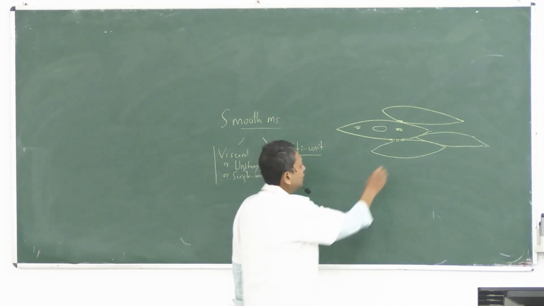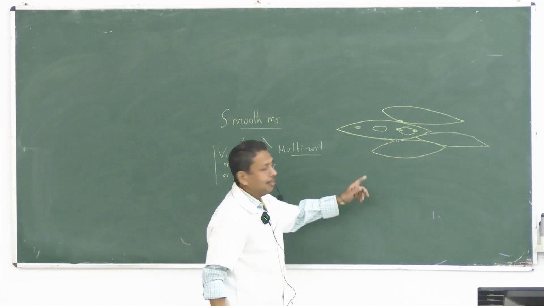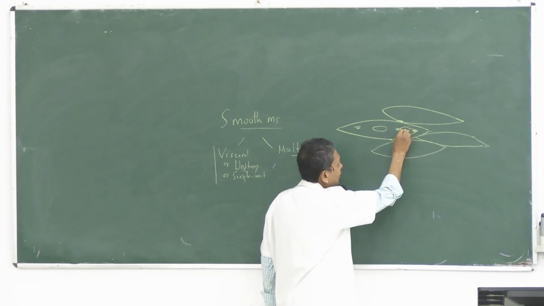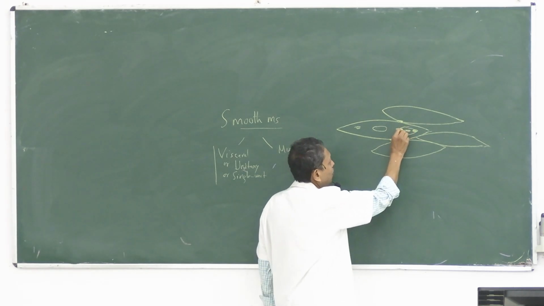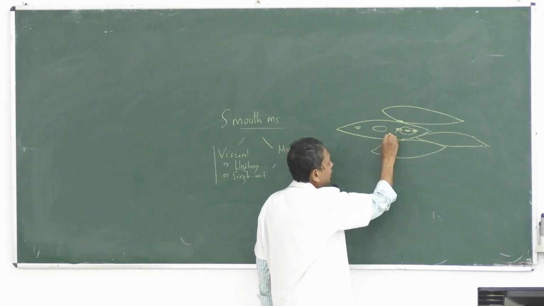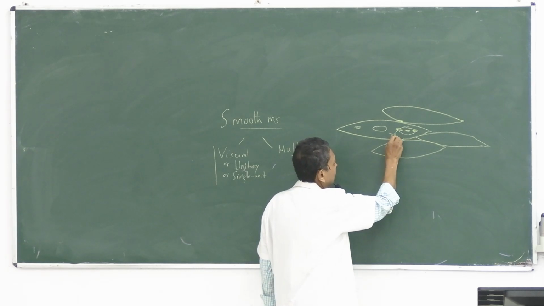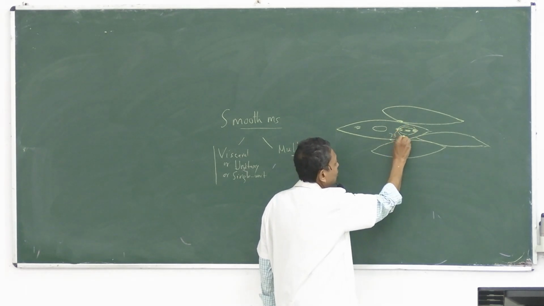From the dense bodies there are the actin filaments, joined by means of actinin, and within this, in much smaller number, there is the myosin filament. These are the actin filaments, these are the dense bodies, and this is the myosin filament.